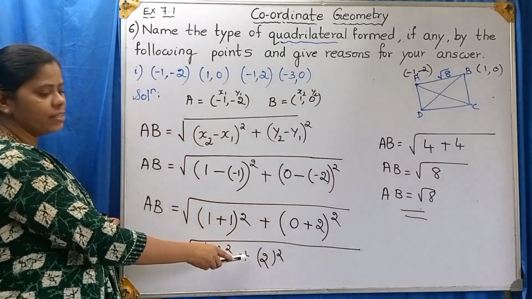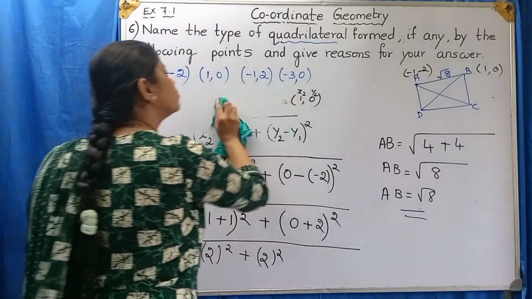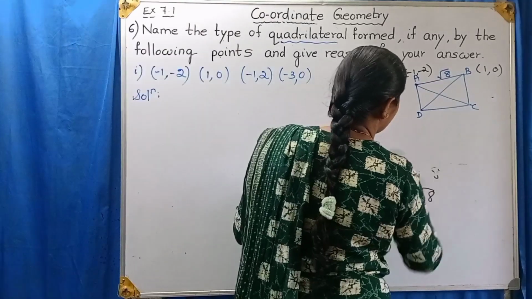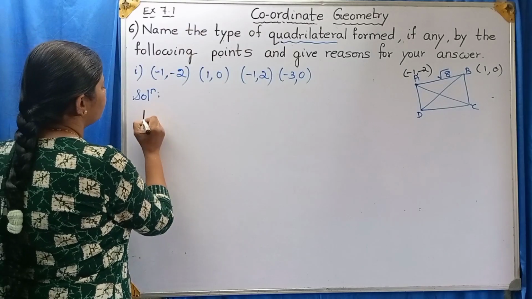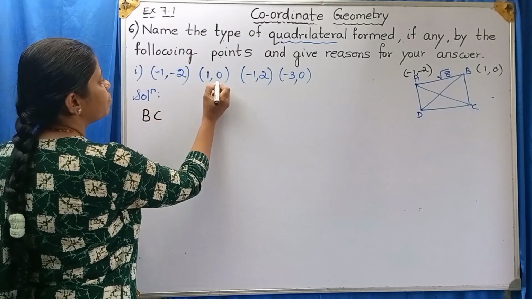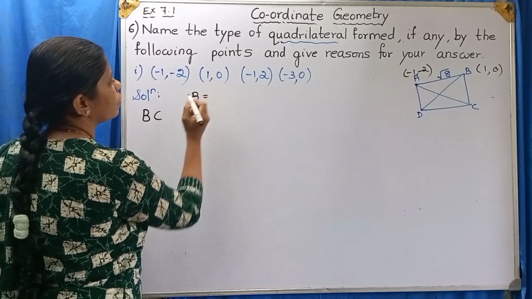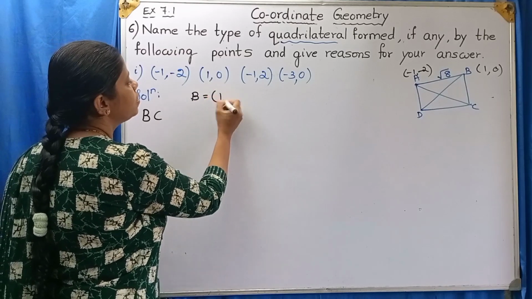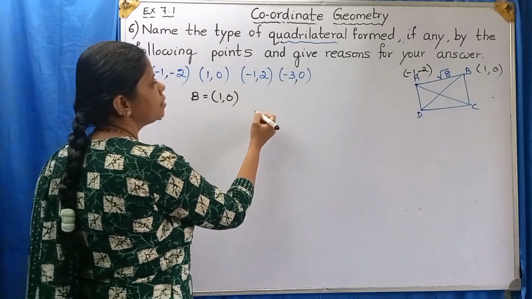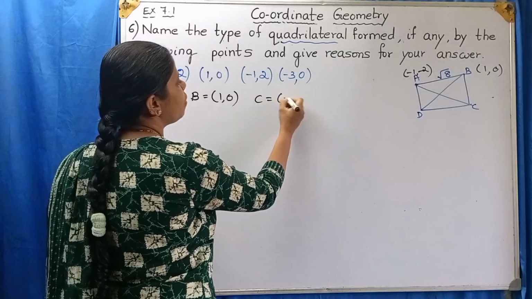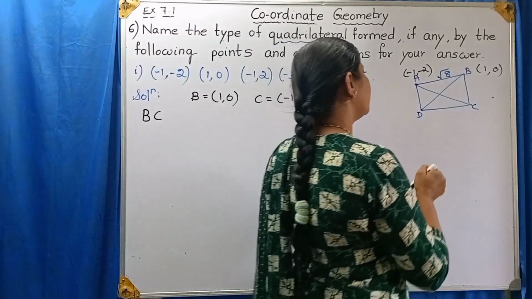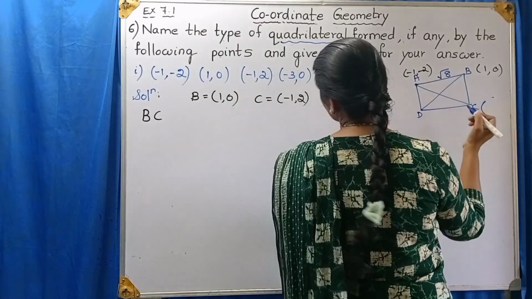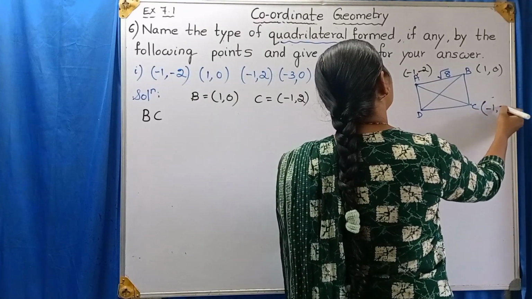I am going to rub this. You can copy down. Now let us find out the distance between BC. Say B, that is 1, 0. Then C is equal to minus 1, 2, isn't it? Let me write here. Minus 1, 2.